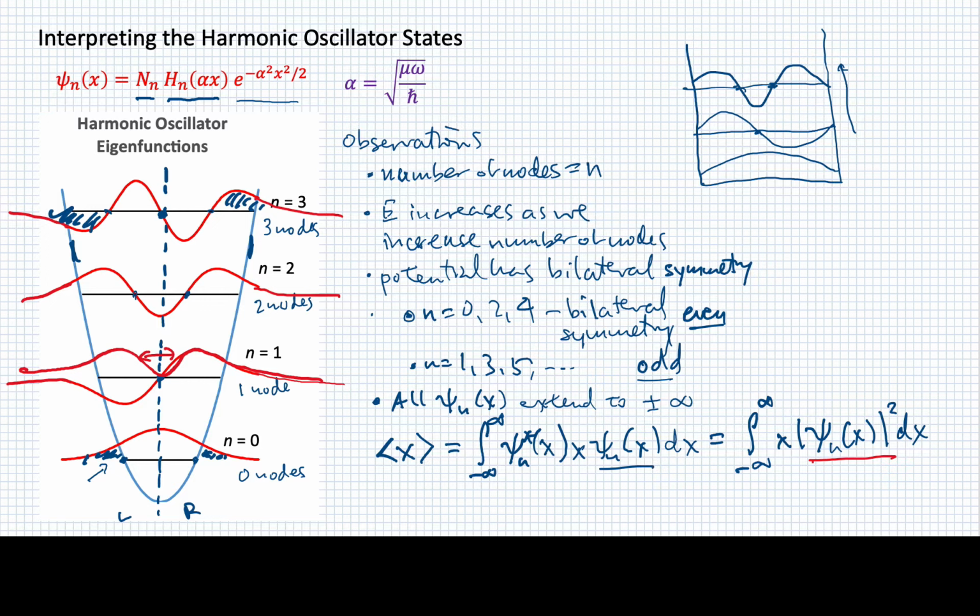But when I multiply it by x, I flip it again so that it has this uneven symmetry, and it has an equal amount of area in the negative territory as it does in the positive territory.